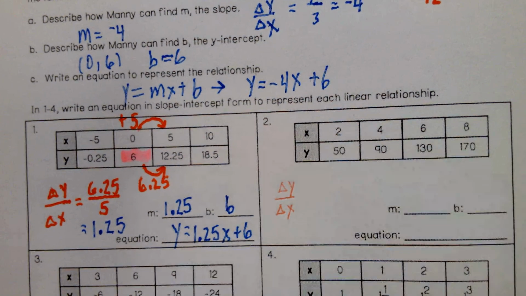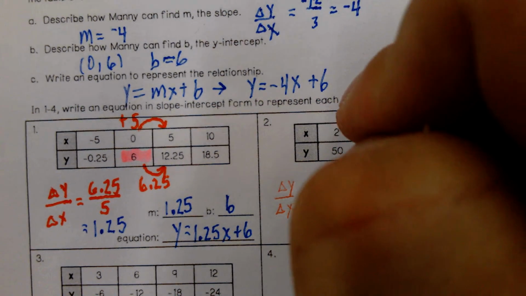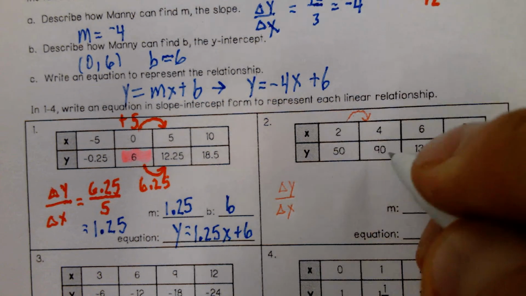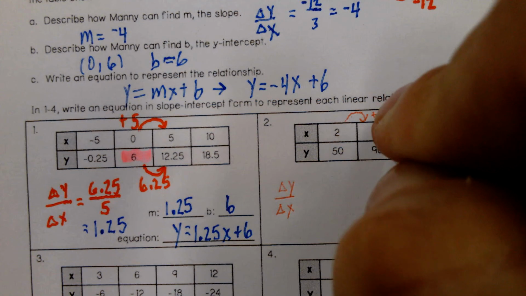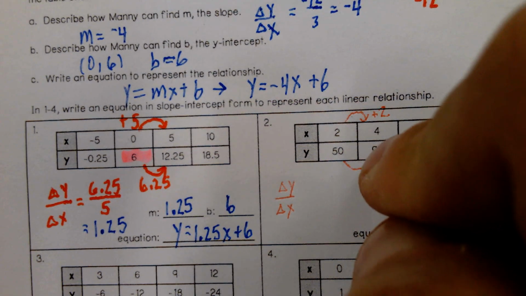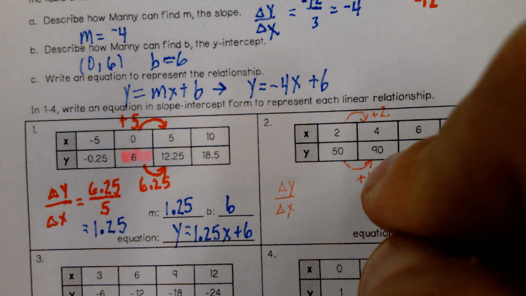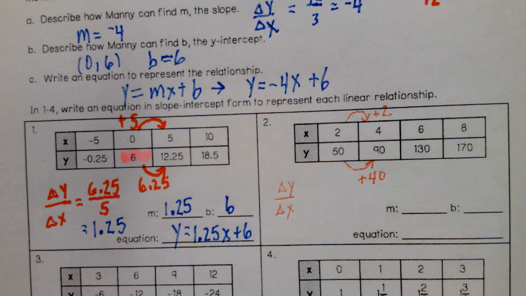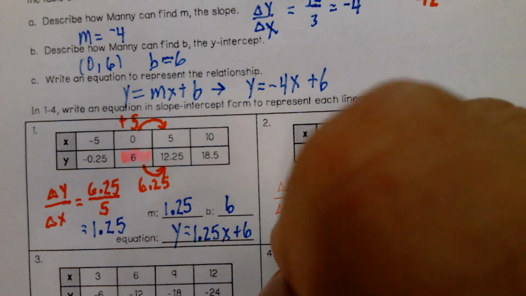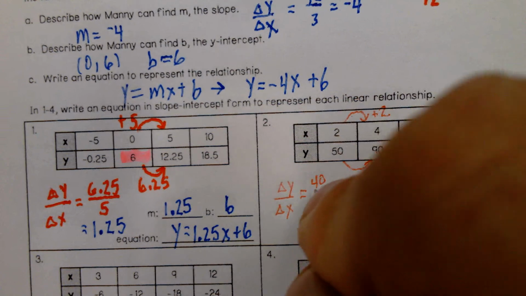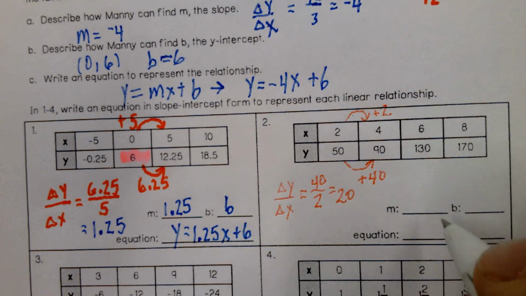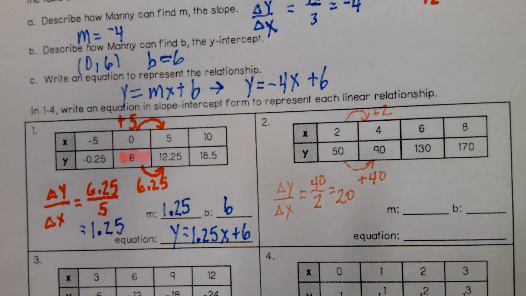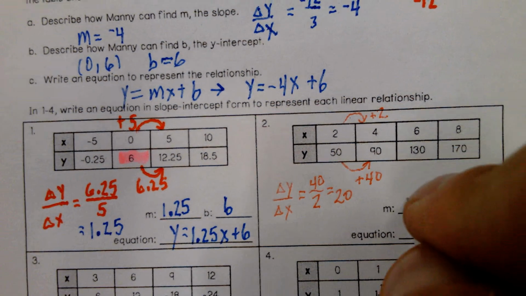Pick any two numbers. I usually like to take 20 over 2, 40 over 2, which is 20. So 20 it is. The slope value is 20.